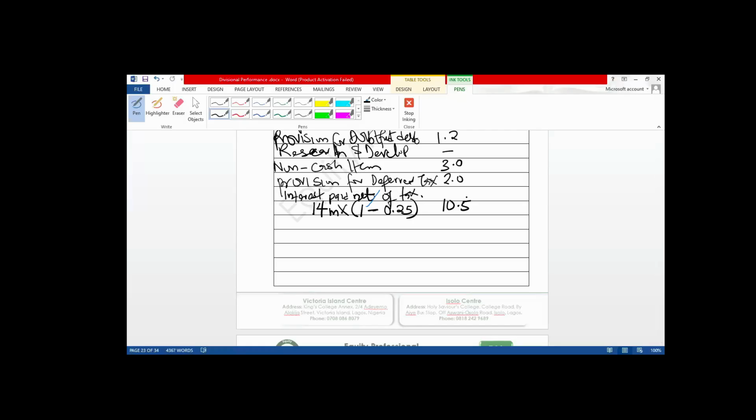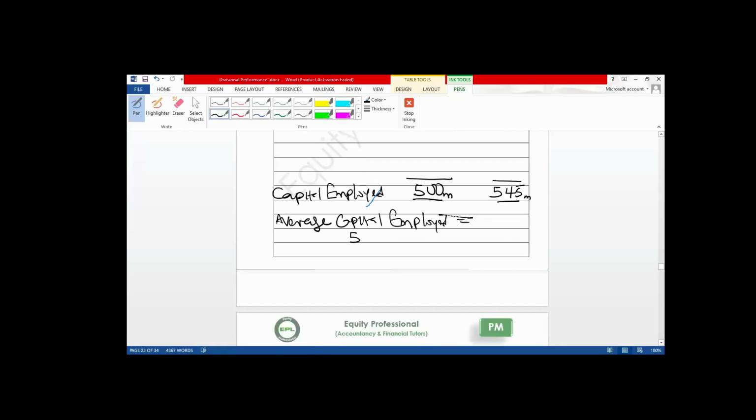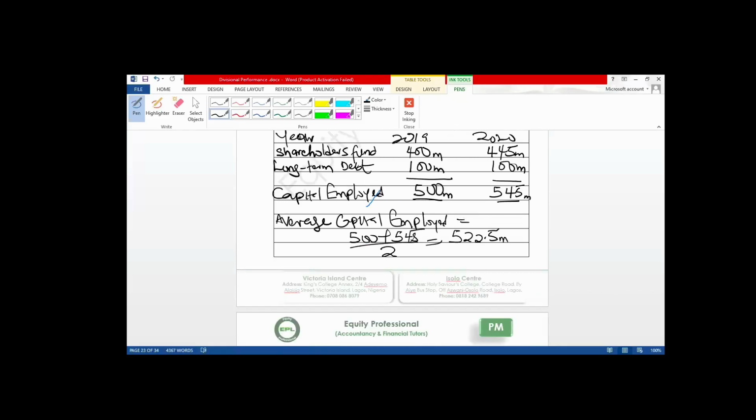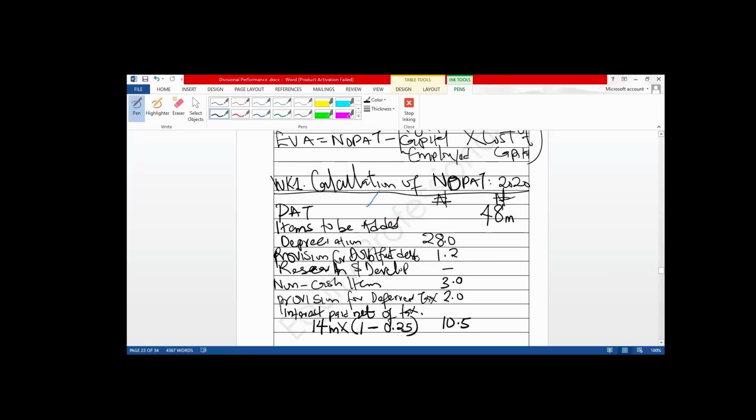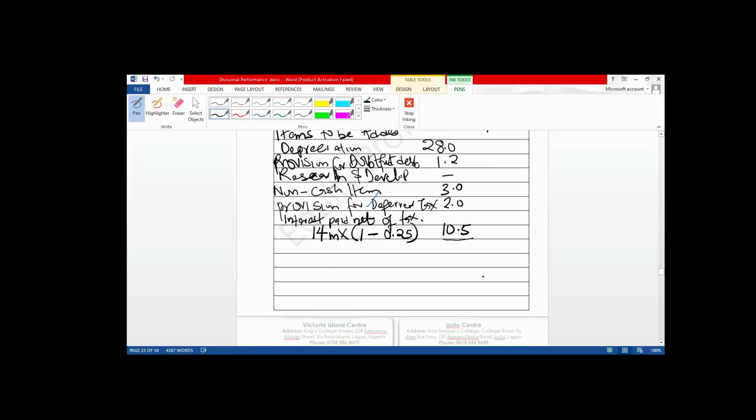These are the items to be added back: 28 plus 1.2 plus 3 plus 2 plus 10.5, 44.7 million. This will be added back.